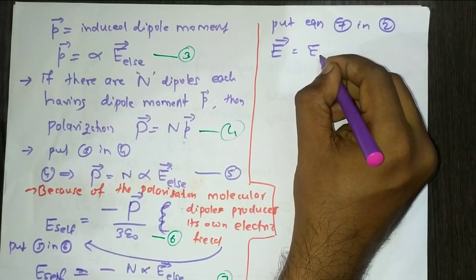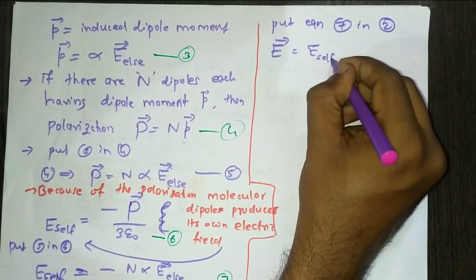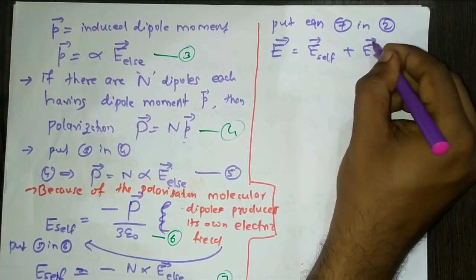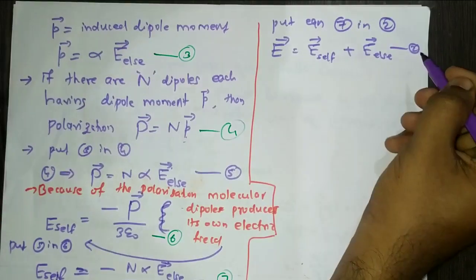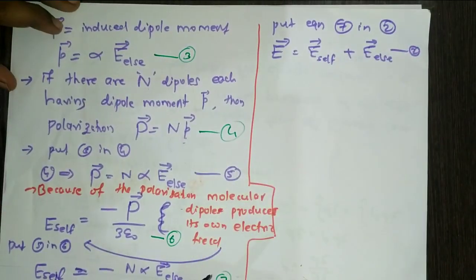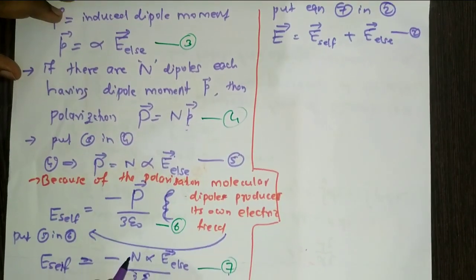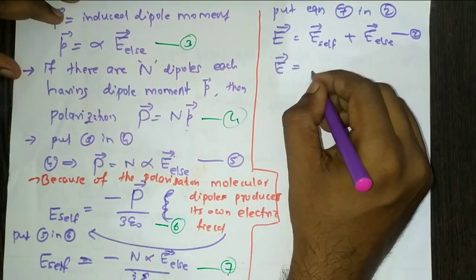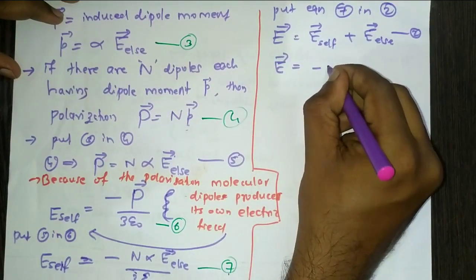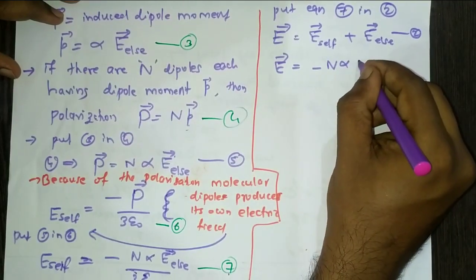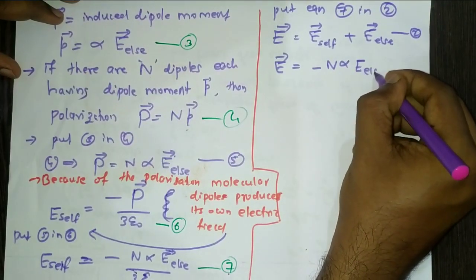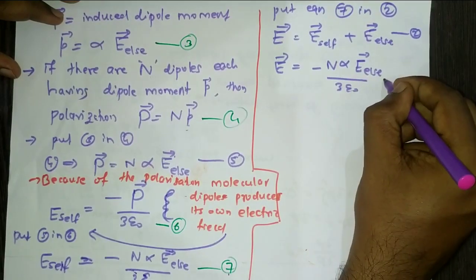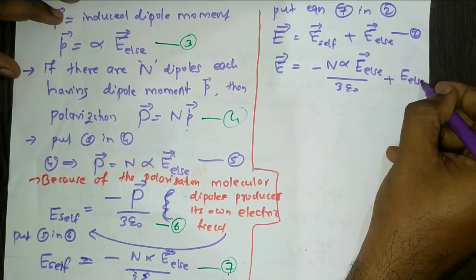Instead of E_s, I will write equation E_s once again: E_s plus E_l. This is equation 2. Then if I substitute this expression here, minus n alpha E_l divided by 3 epsilon 0 plus E_l.